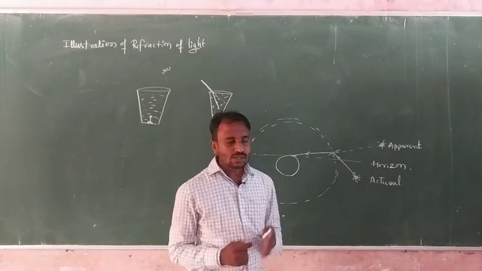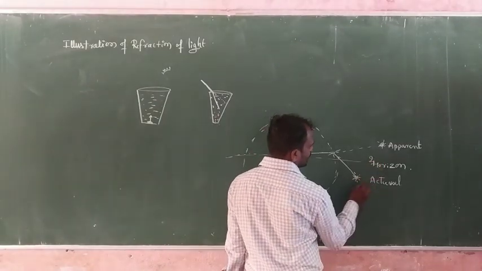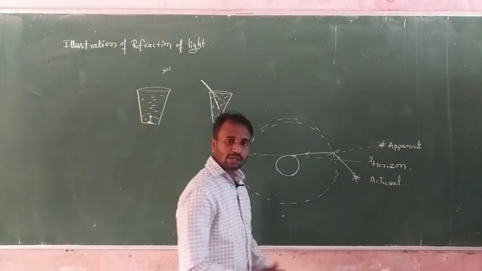Here, this one is the actual position and this one is the apparent position.